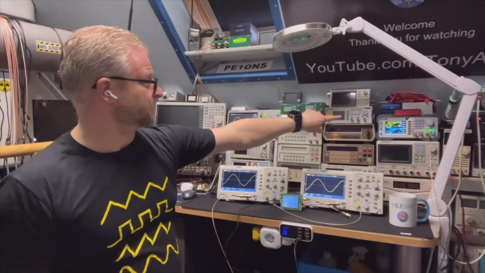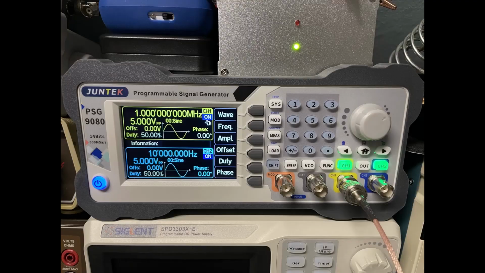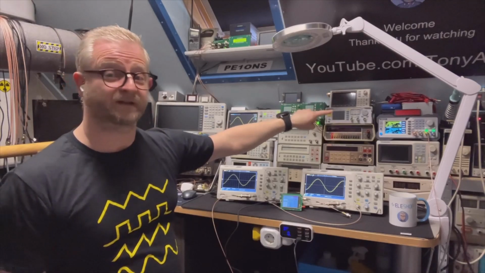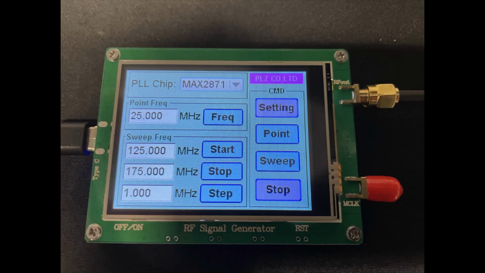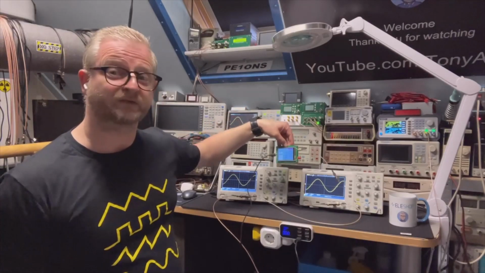And the Juntech, we can use up to 80 megahertz. And if we go above that, I have here my Max that goes up to 6 gigahertz.